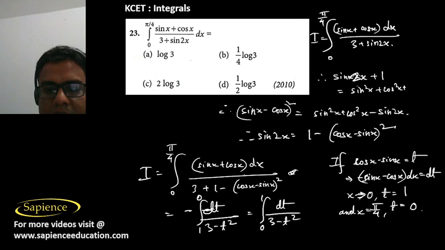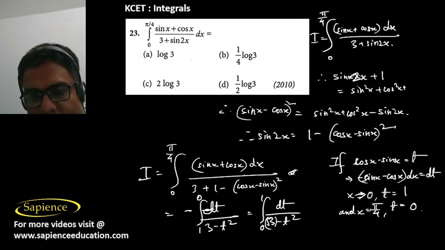So 3 minus t square I can write as root 3 whole square minus t square.